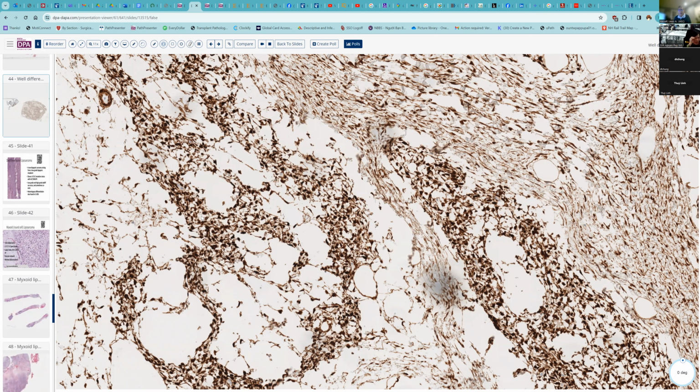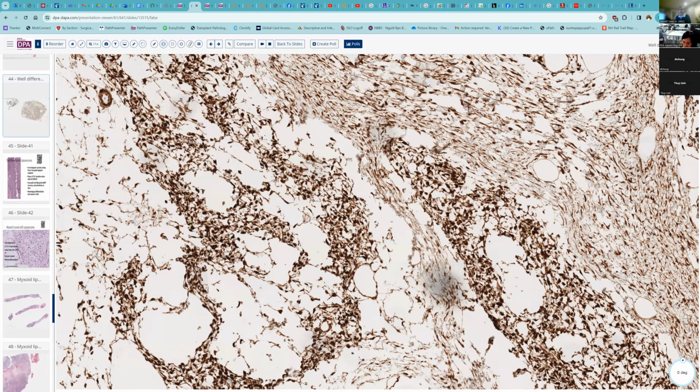Now, the other situation where MDM2 can be useful is in well-differentiated osteosarcomas, intraosseous osteosarcomas, and a few other settings as well. So it's not a single diagnosis stain, but it is very useful.